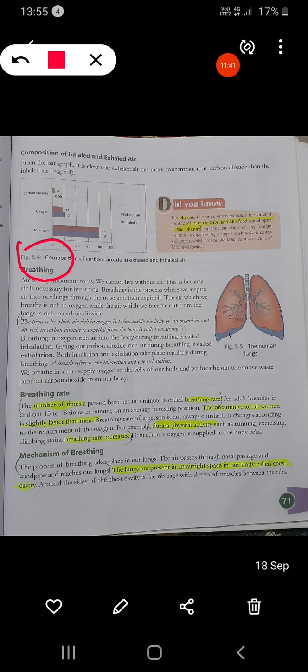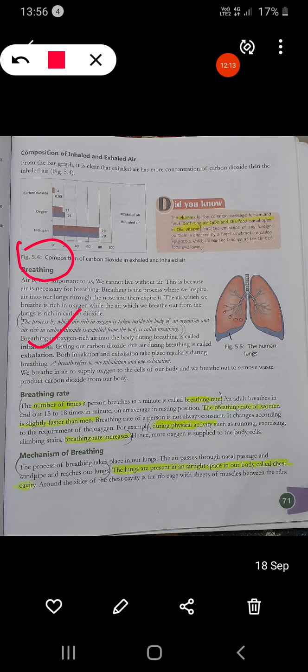Children, it is the process where we inspire air into our lungs through the nose. Okay. Children, you can say nose and lungs are the main organs responsible for breathing. When we breathe in air, that is called inhalation, and when we breathe out carbon dioxide gas, that is called exhalation.